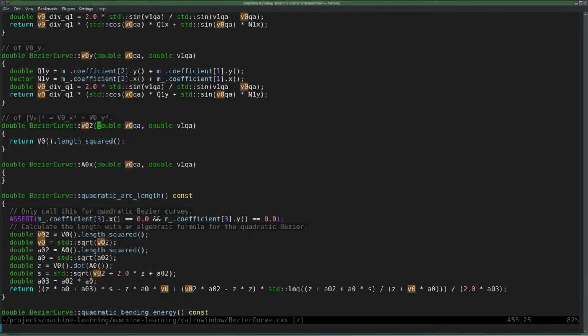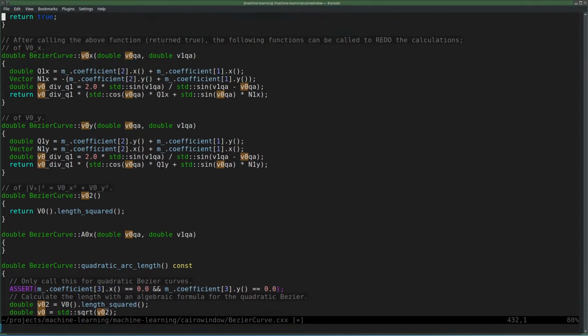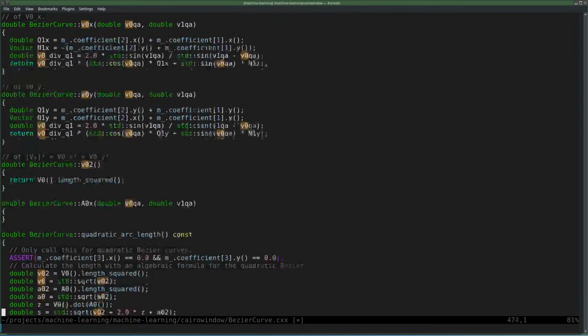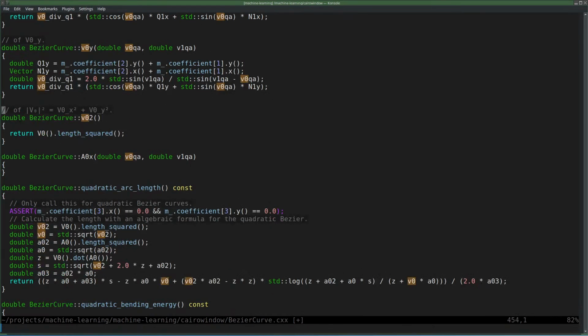Not at all. Just kill that. The other two are. Now I suspect this one is not either, or no, because I want to express it in v0, which I already have as part of my curve object.